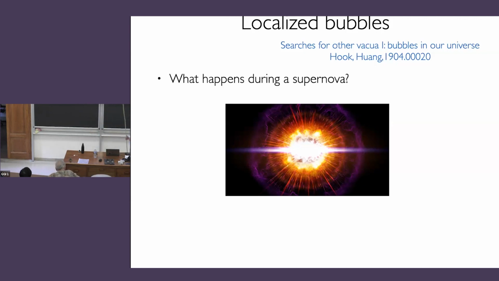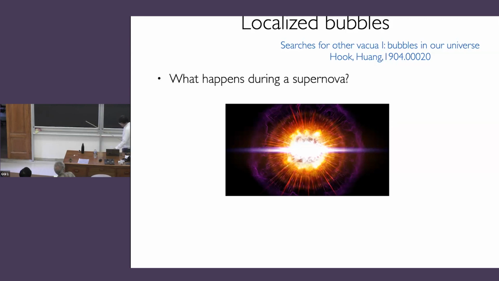In many models, the situation actually gets worse when you think about dynamical processes. For example, a supernova. A supernova is one of these processes where the density in the core continues to grow, and it grows past some threshold, and the thing collapses into a neutron star, launching shock waves outside.